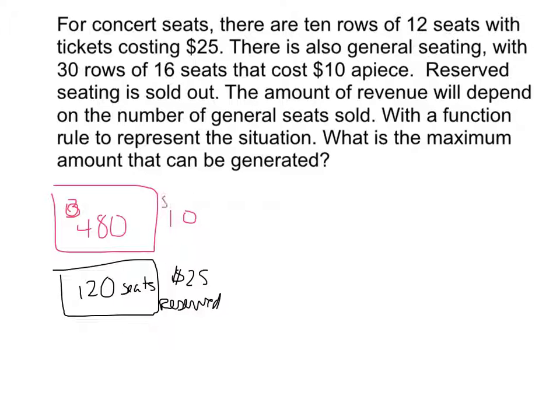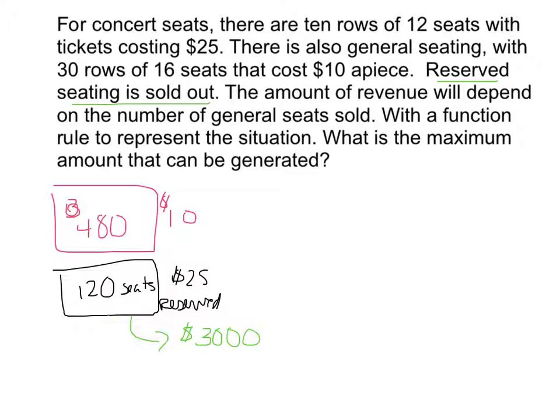That'll cost $10 a piece. One of the key things to notice is the reserved seating is sold out. That means there are 120 seats at $25 a piece, which means that this will have generated $3,000 for reserved seats alone.